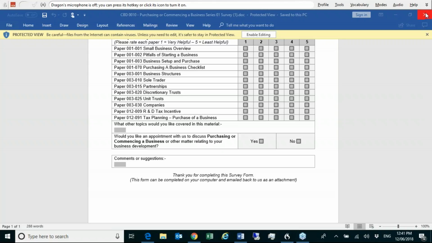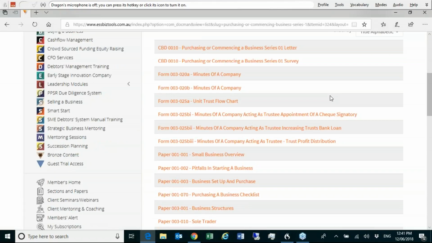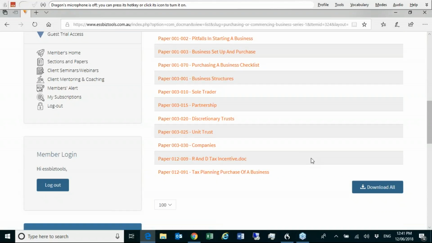So hopefully that form will assist in getting feedback from your client. And then this is the material that is going to the client. And the mail-out system will send that as one package to your clients.